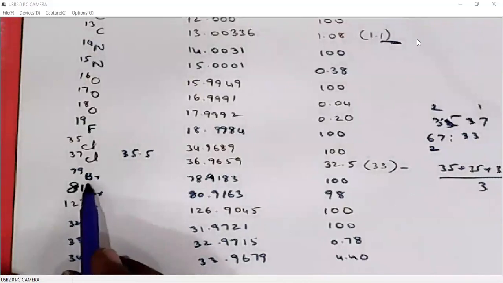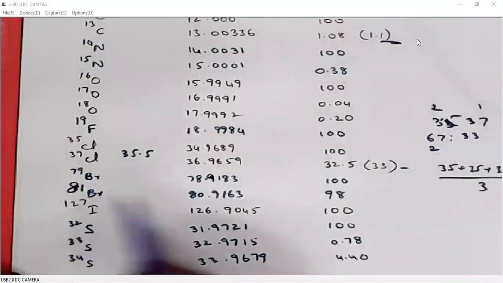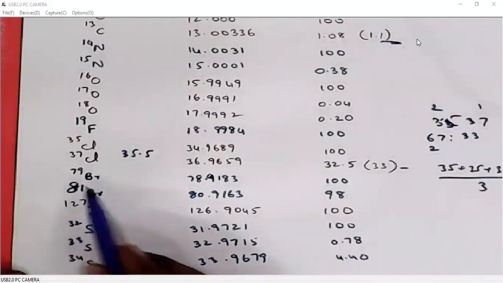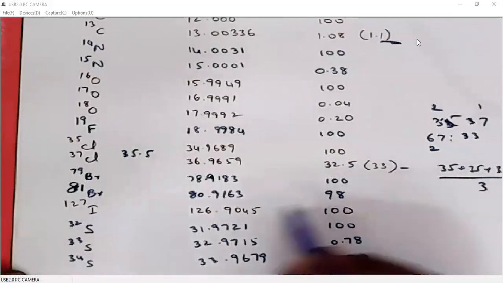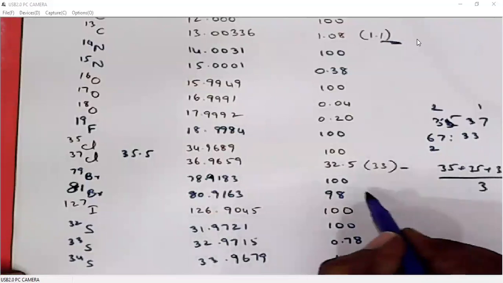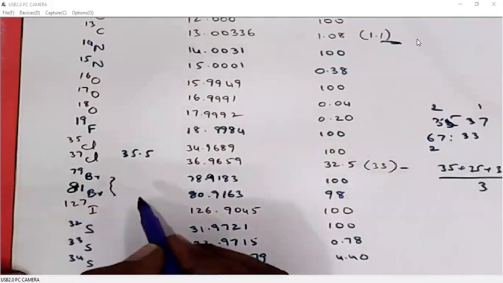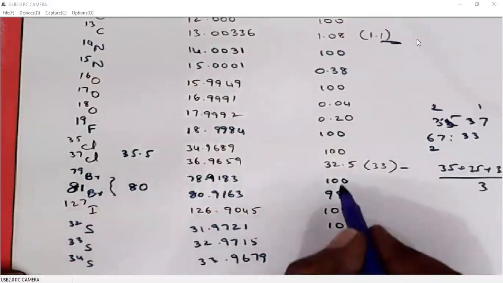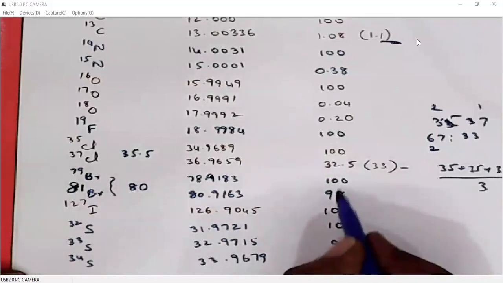Similarly, bromine also has two isotopes, 79 and 81. Both of them are present in a 1:1 ratio. So bromine 79 is available at 100%, bromine 81 at 98%. So when we talk about the atomic mass of bromine, we say 80. Why? The average, because it is available in 1:1.